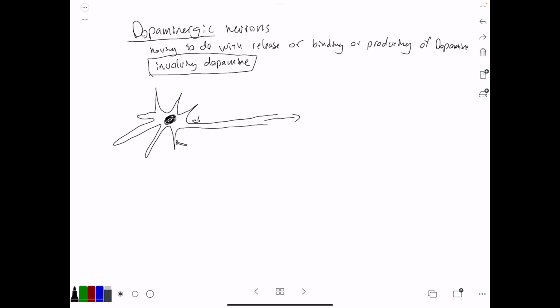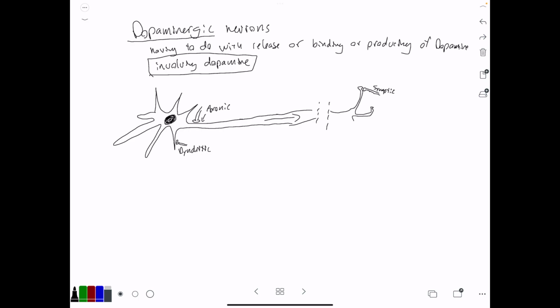we may synapse on the axon. If you remember the specific names, we have our axodendritic, axoaxonic, and then eventually this will terminate, and we may have a little synapse right here, and this may be axosynaptic.